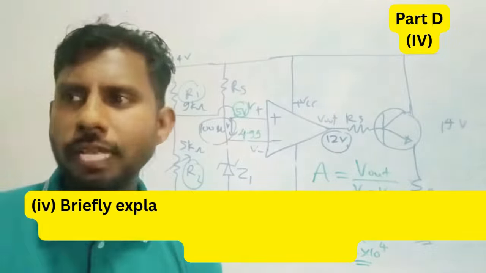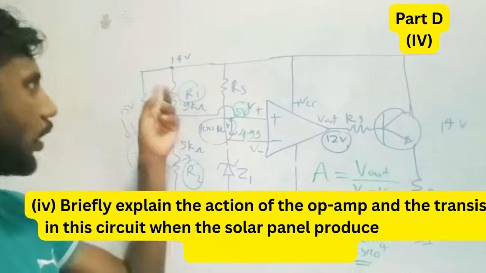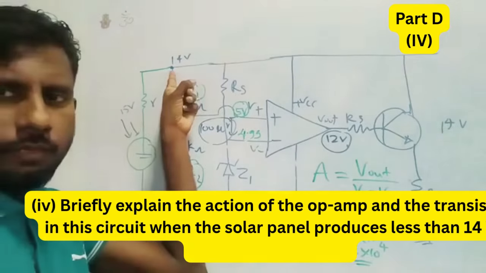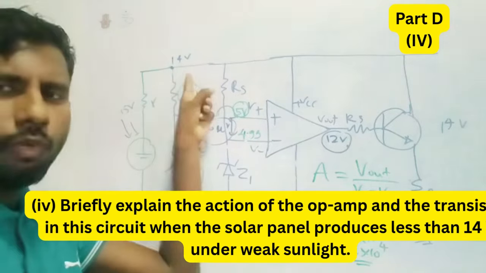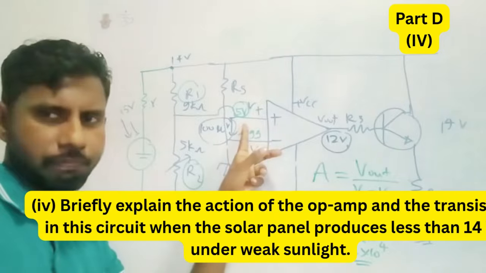Fourth part. Briefly explain the action of the operational amplifier and the transistor in this circuit when the solar panel produces less than 14 volt under weak sunlight. If the voltage is below 14, that means the potential difference across this R2 will be lower than 5.